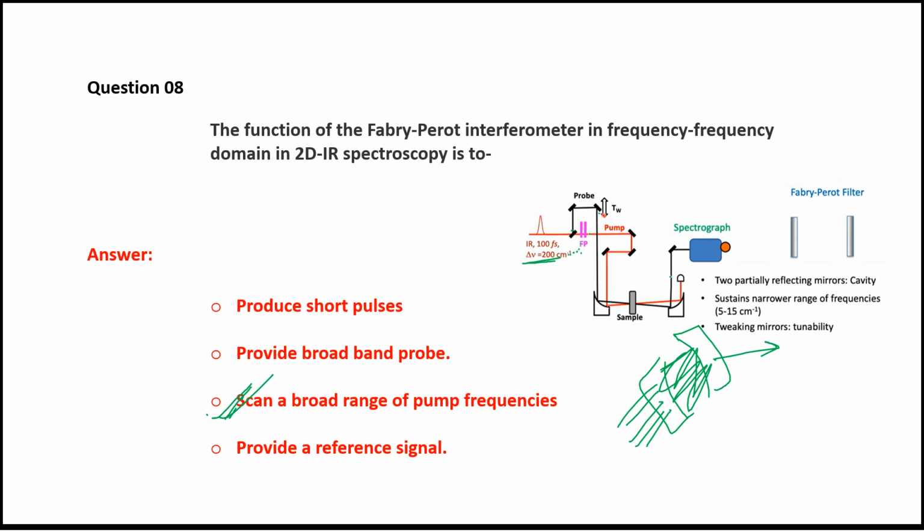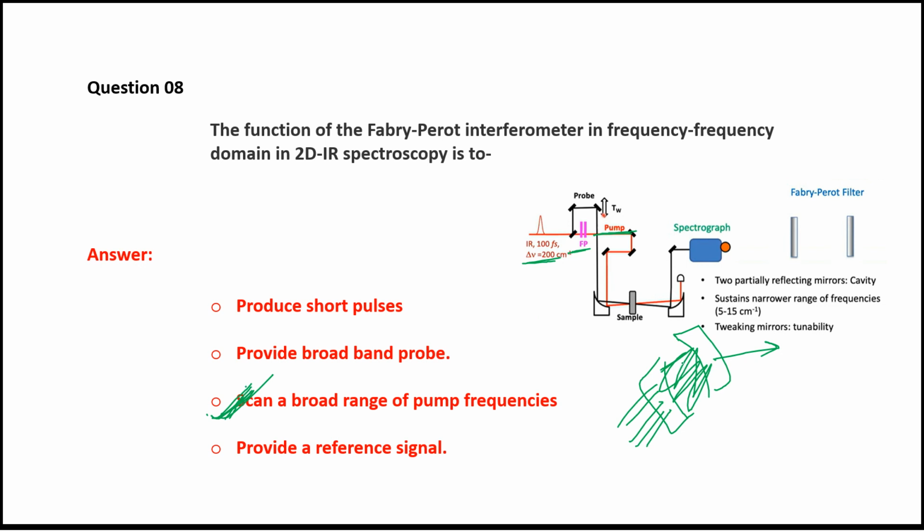Now, in order to scan the pump beam intensity, you use this FP interferometer. And this FP interferometer can scan a broad range of frequency. So that is why the function of the interferometer is to scan a broad range of frequency.